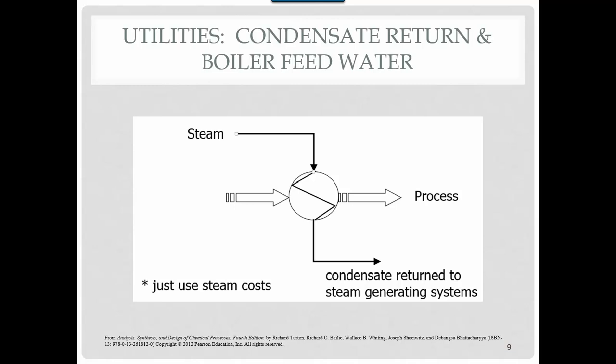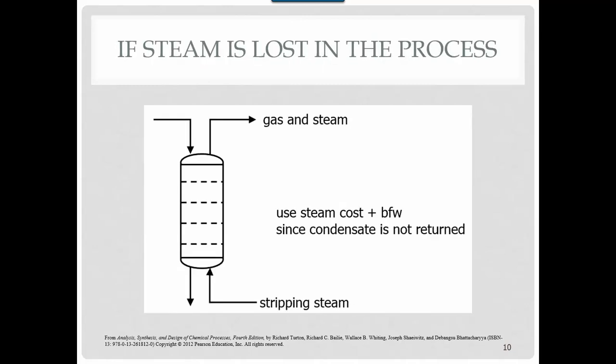When we're estimating how much this is, we're just going to use the cost of the steam and bring that in. Then when we are generating steam later, we're going to take it as a credit. So just doing it as a cost is a little bit easier as you're analyzing various pieces of equipment.